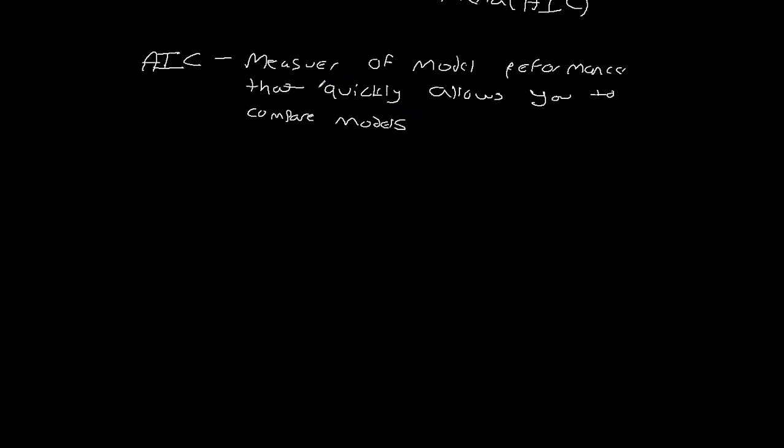Now, unlike things like p-values and r-squareds, this is unbounded, which means that AIC can be any real number. To interpret AIC, we need to know a little bit about the data. And in order to explain what we need to know, I think it's best to jump right into how AIC is calculated and how that calculation relates to a data set.